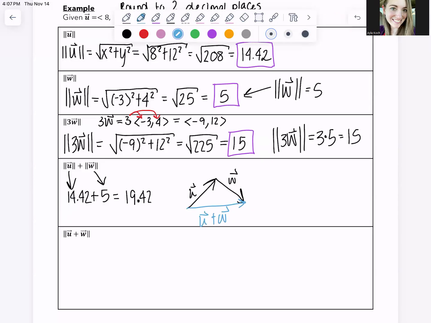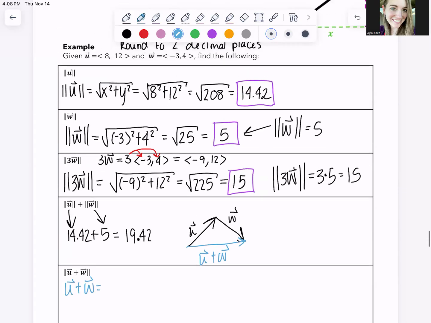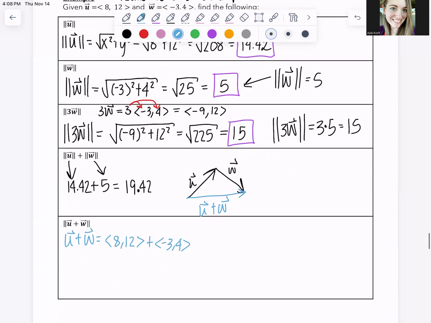So u plus w. We have vector u, which is 8 comma 12, plus negative 3 comma 4. This will be 8 plus negative 3, 12 plus 4. So 5 comma 16.